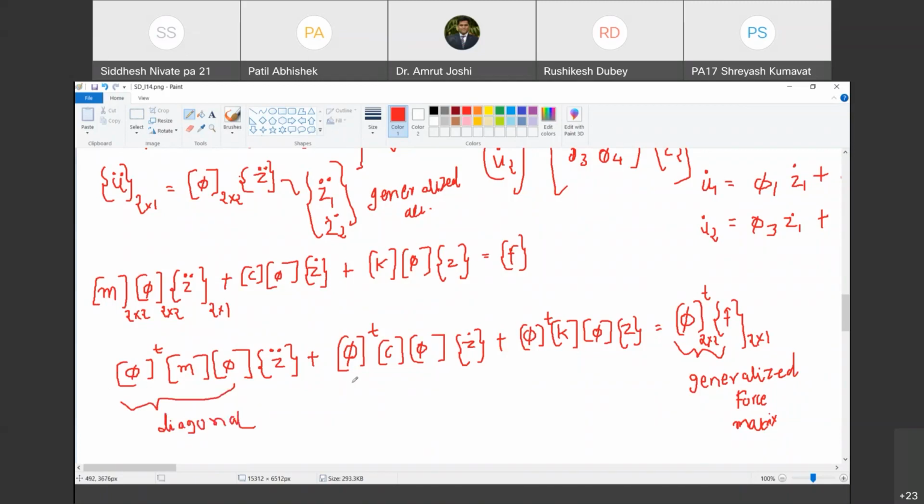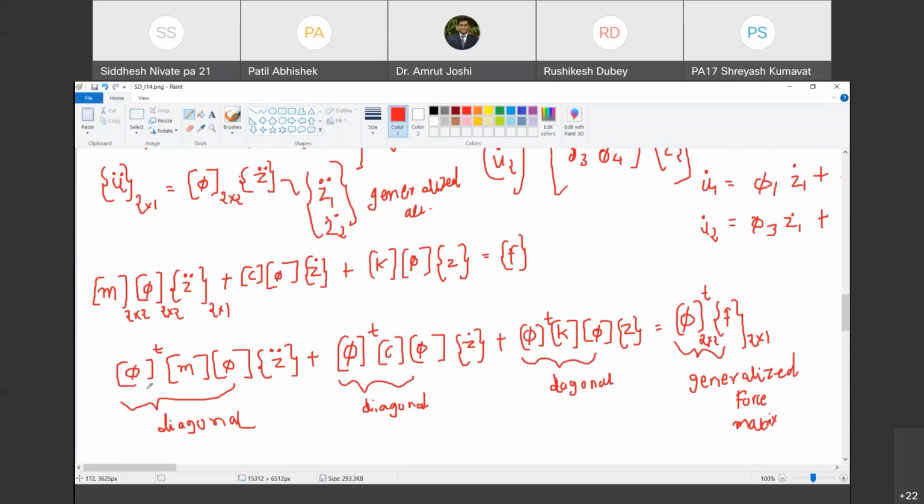I am going to take so much effort in finding phi such that phi transpose C phi is diagonal. And I am going to invest so much effort in phi transpose K phi such that this matrix is also diagonal. Are you with me? Yes, sir. If this happens, if I am able to find that magical phi matrix, then I am going to decouple the equation. Do you agree with me?